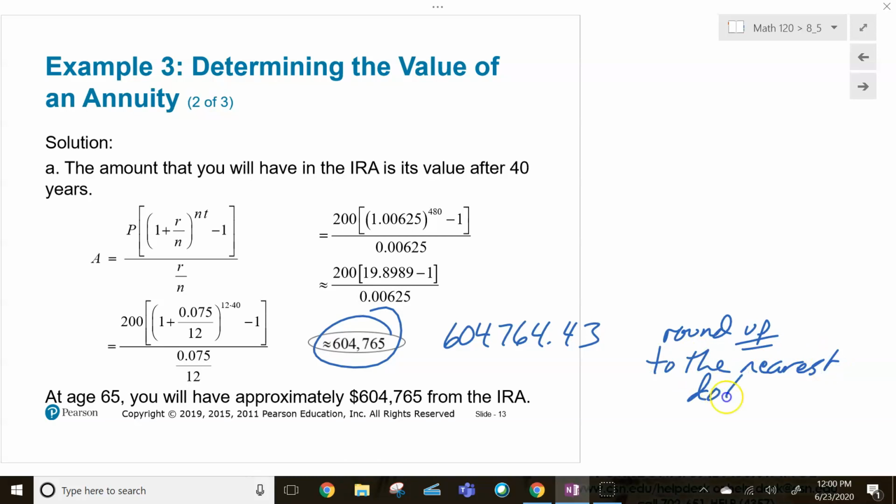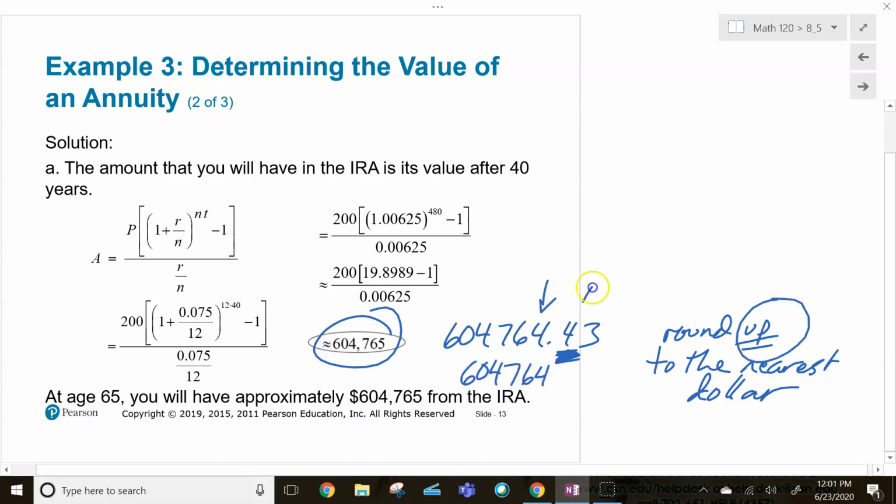This kind of drives me nuts, but there's nothing I could do to change it. If they say round up, even though you're thinking, by the rounding rules, I should leave that at 4, right? But if it says round up, it doesn't matter. You just round it up, regardless of what's in that position as you're rounding to the nearest dollar, okay?